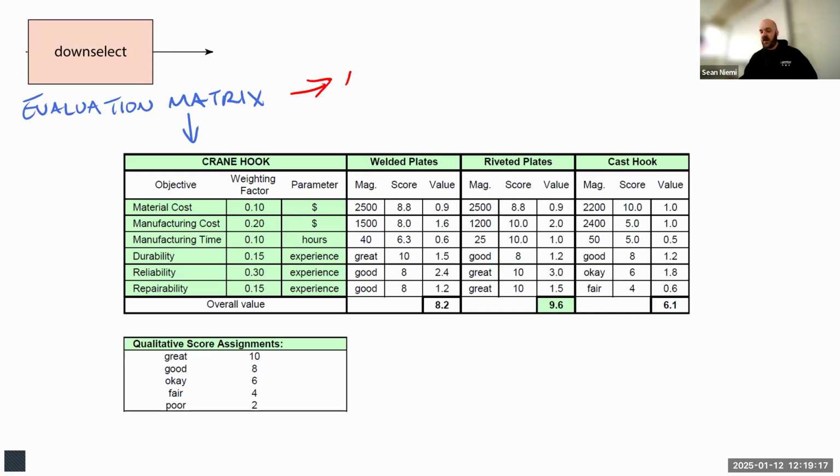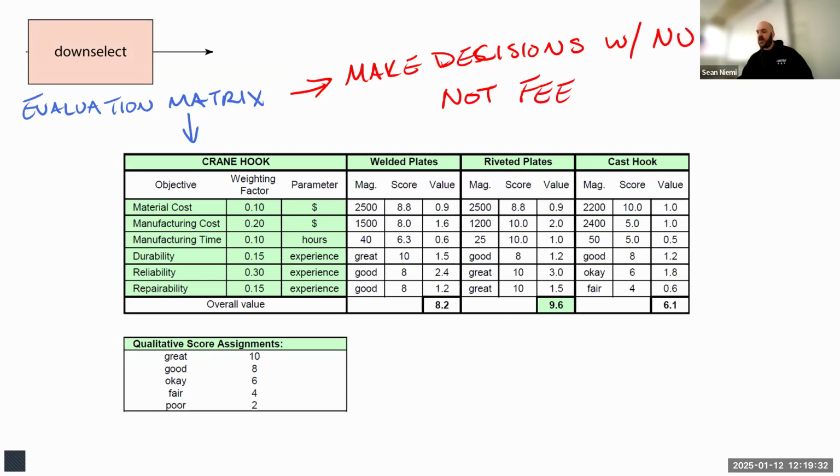Evaluation matrices make decisions with numbers, not feelings. This is just one tool, but that is really what we are trying to do with these decision matrices.